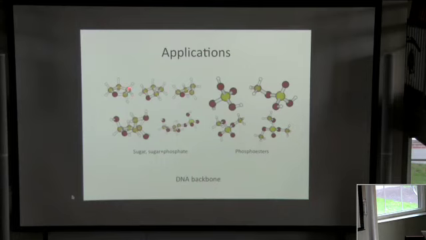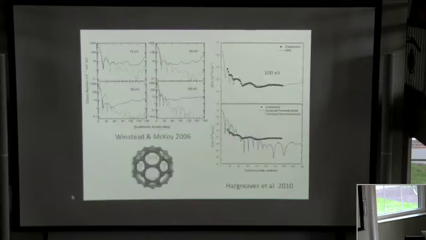We looked at sugar plus phosphates, to see what the resonance-like structure looked like in these systems, and whether there were any resonances that might be candidates for attaching electrons to DNA. And we also extended our studies into looking at phosphoesters, the mono-, di-, and triphosphoester. I don't want to go through these in any detail, but that gives you an idea of what we've been up to. Each one of those systems we've been able to study. They're not easy calculations, but they're feasible because of our migration to high-end parallel computing.